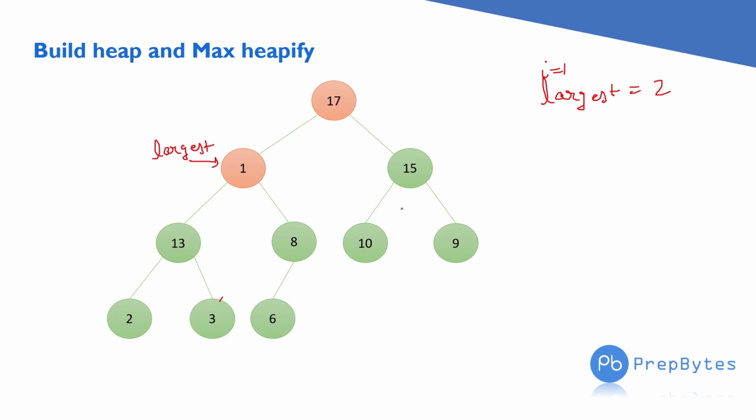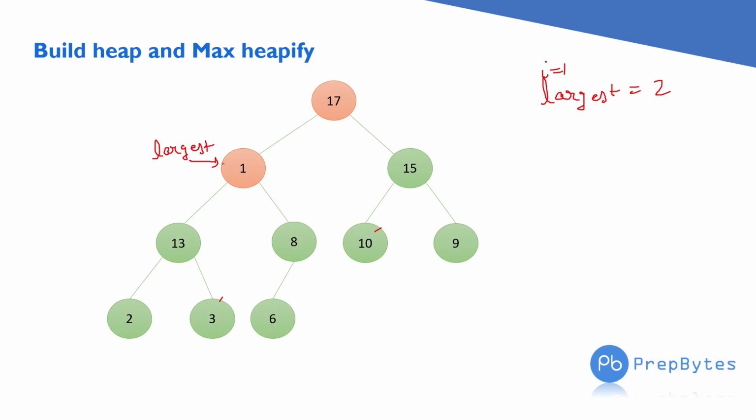So 3 became a leaf, 10 became a leaf, so we did not have to do another heapification for those nodes. But as I've told you, this is a recursive process. Whenever these elements are swapped, the heapification is called again, but at that time it finds that 10 is a leaf node. Since it is a leaf node, it always satisfies the property, so nothing happens.